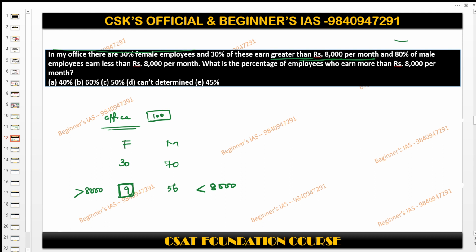Whereas 56 is less than. Now, out of the remaining 20 percent, that is 14 members, why can't they earn exactly 8,000? Is there any information related to the male employees earning greater than 8,000? No, sir. Then without that we cannot determine. Understood?